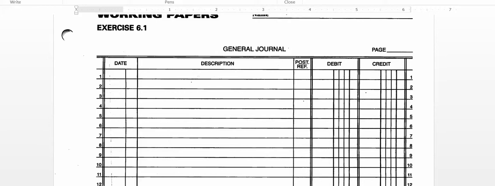First, we need to write down that we're doing closing entries. Whoops. Wow, I can't spell. And I think it even told us what page number we are on in the general journal. Page 4. That is important when you're posting, because you need the page number when you're posting.